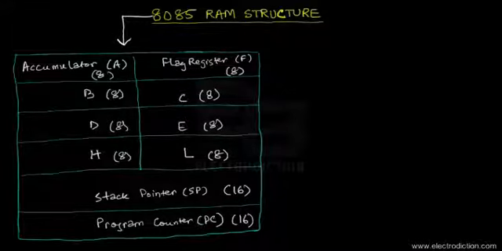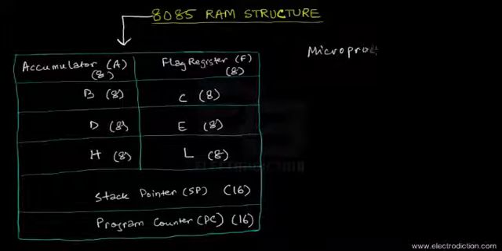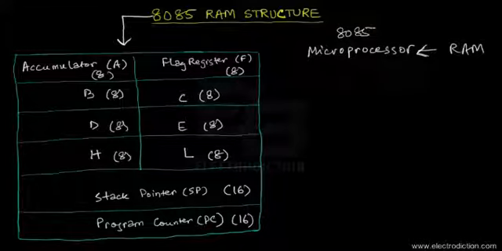All types of microprocessors have some kind of RAM inside them. Microprocessors need RAM memory in order to function as programmable devices. Likewise, the 8085 microprocessor also has an amount of inbuilt RAM within its own structure.